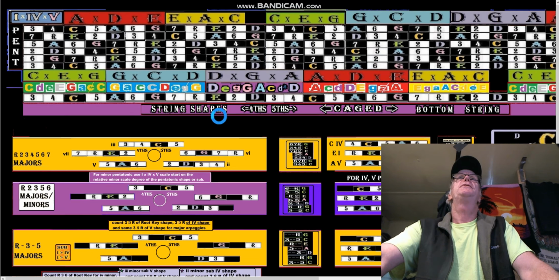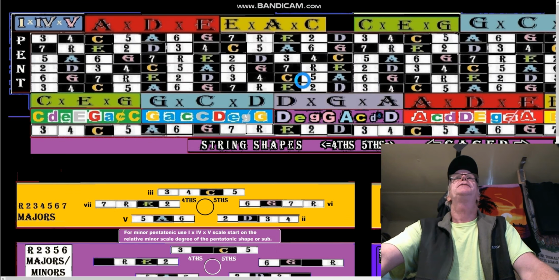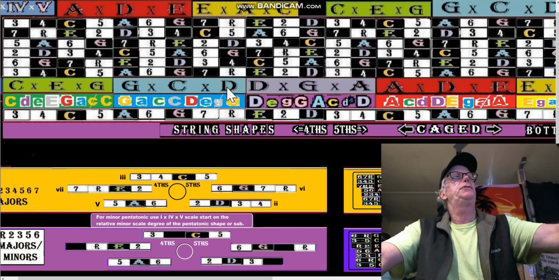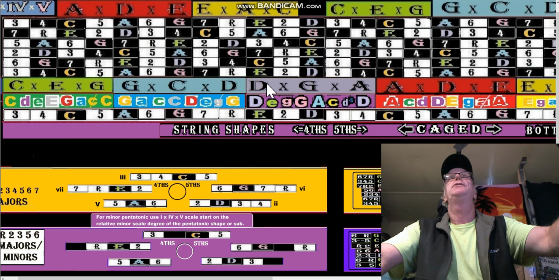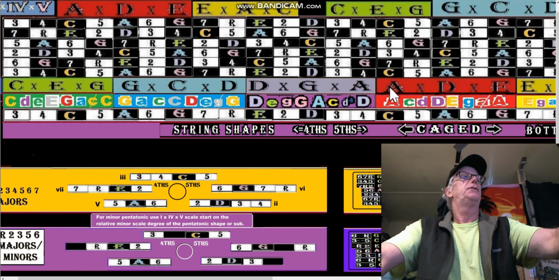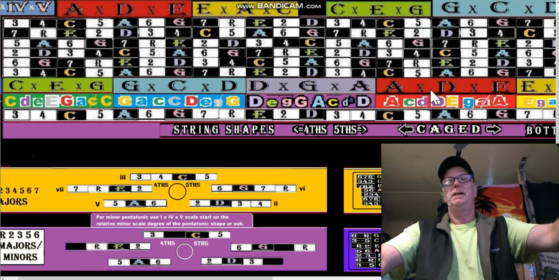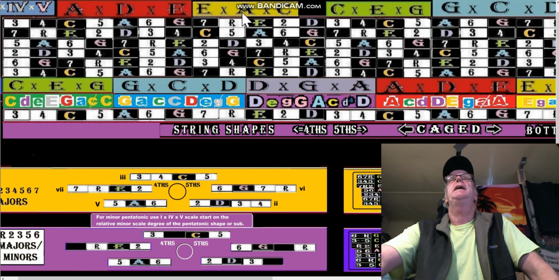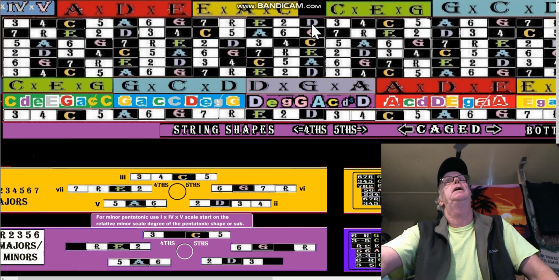Okay, I can just finish up here by saying, when we get to the other shapes, we have 1, 4, 5 shapes. So when we get to the G box, we've got G, C, D. Get to the D box, it's D, G, A. So we've got 1, 4, 5 there. A is A, D, E. But the only difference with the E box and the A box is that you see there's this missing fret, which may have something to do with it.